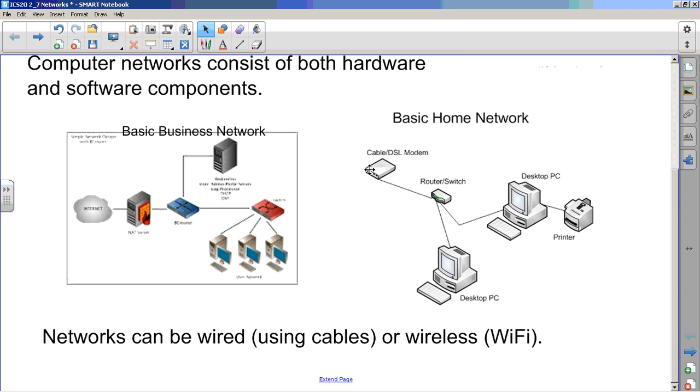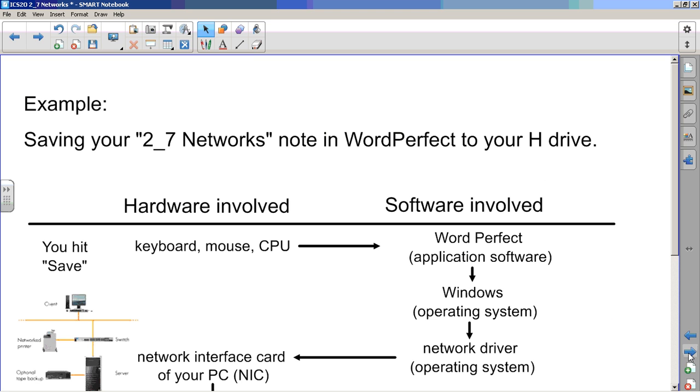And the cable is then hooked up to your phone line or to your cable line, and off it goes. So you'll probably have two devices at home if you check it out. This might be a wireless one where your computers and your stuff isn't hooked up physically, and that's fine. But almost for sure there'll be a physical connection between your router and your modem.